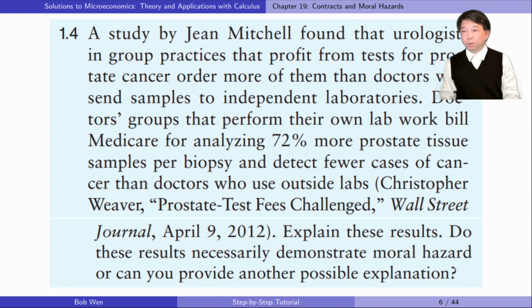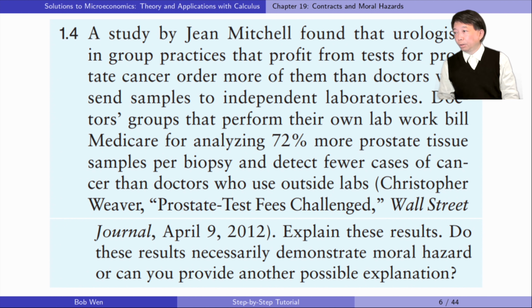Let's solve exercise 1.4. A study by Jean Michel found that urologists in group practices that profit from tests for prostate cancer order more of them than doctors who send samples to independent laboratories.